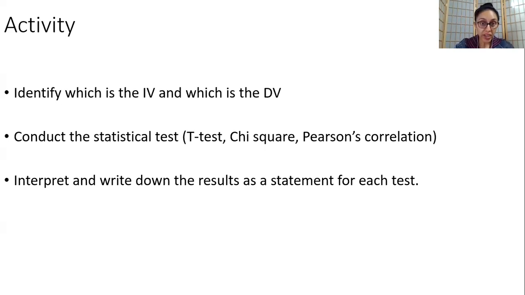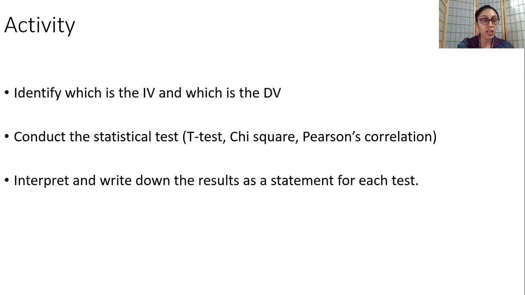So that is the activity for this workshop or tutorial: to practice these 3 bivariate analyses. And try writing down the results as well. Don't just do the SPSS output and be happy. Try to write down the result, because it is very challenging when you are just learning to make sure that you are writing all the appropriate numeric values and you have considered everything: t-test, degree of freedom, all of those things.